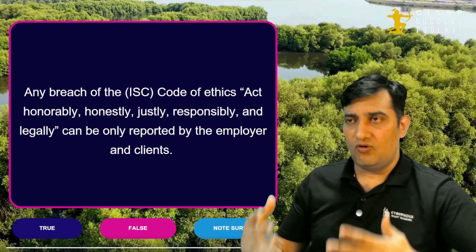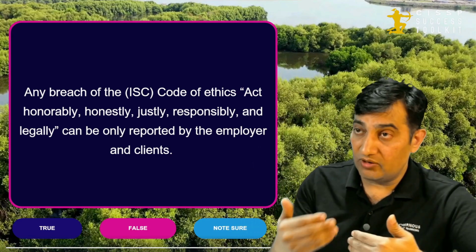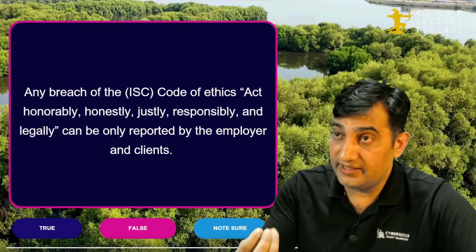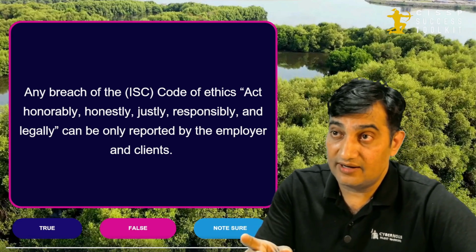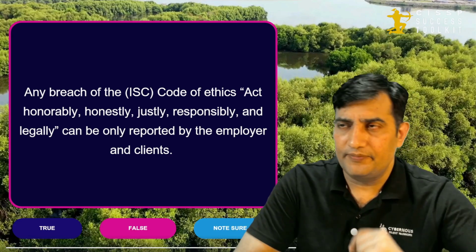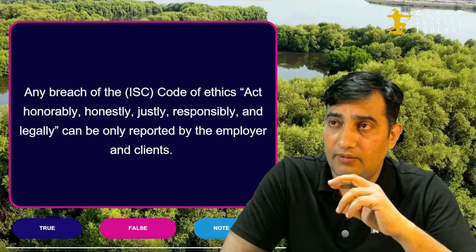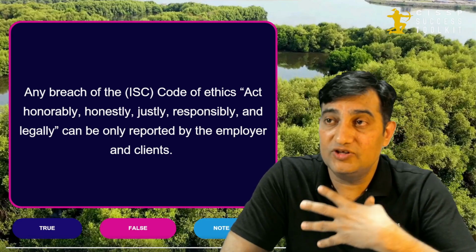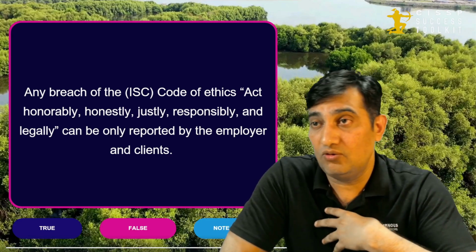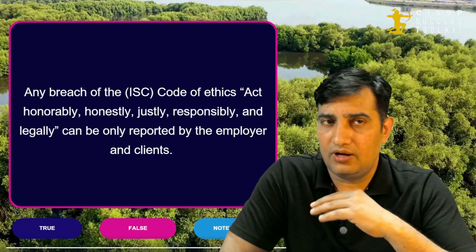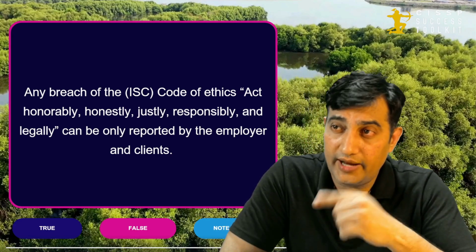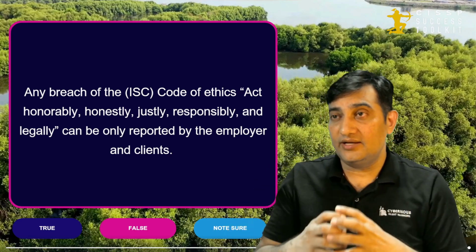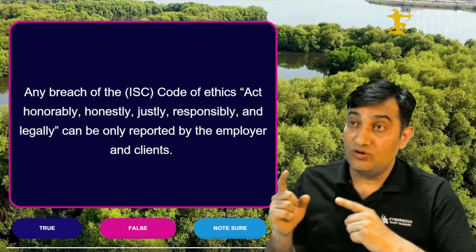They have to fill up a particular ethics form, and that goes to the ISC2 ethics committee. They are going to take a decision on that. Number two, if the ethical behavior is against a particular employer, that means you are working for a company and you are not working in the interest of your employer, code of ethics number 3, then it makes sense that the ethics reporting should be done by your employer.